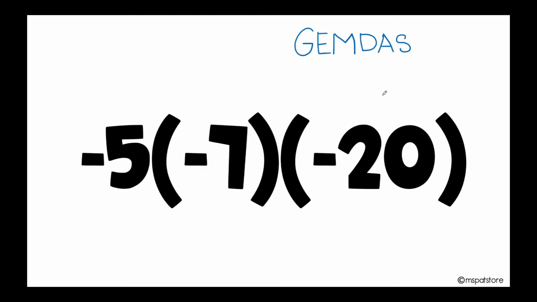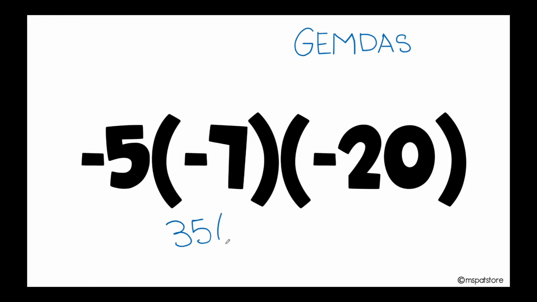Very good. So in here it is pretty easy because I only have multiplication. You see multiplication here, multiplication here. So I am going to start from left to right. So it will be negative 5 times negative 7. Remember, if they have the same sign, my answer will be positive. So negative 5 times negative 7 is equal to positive 35.